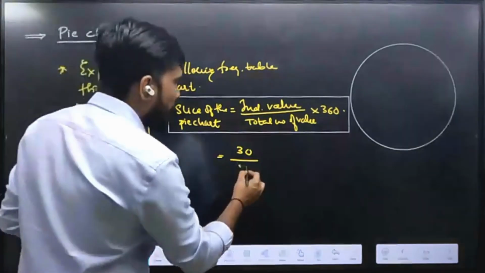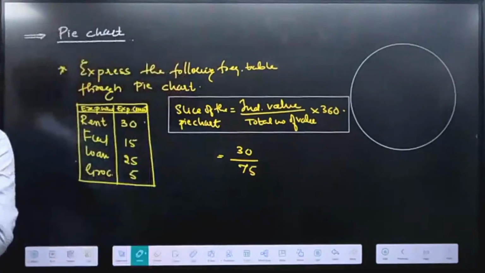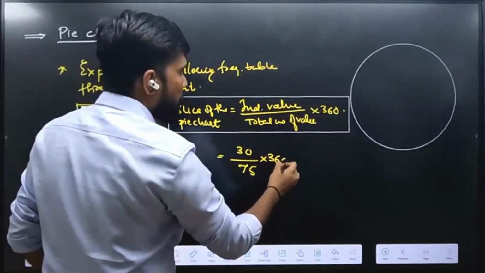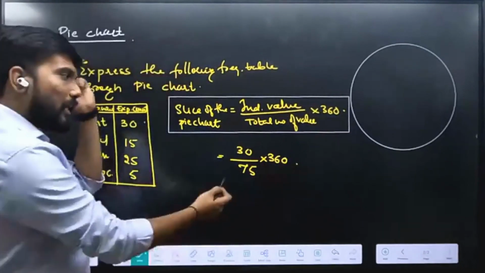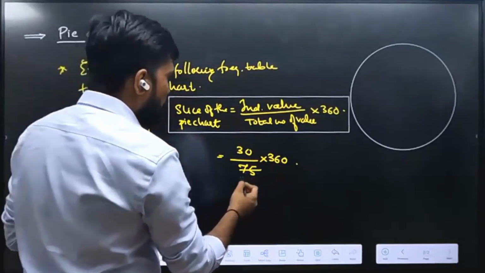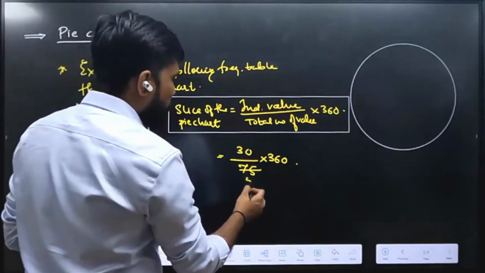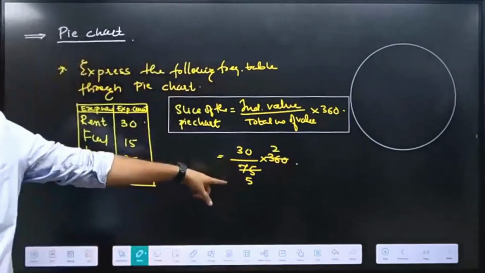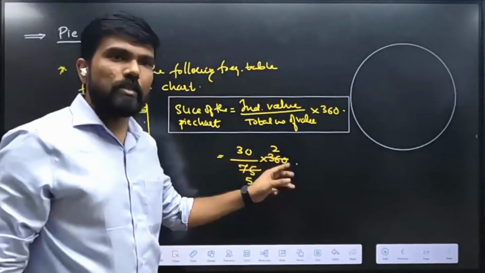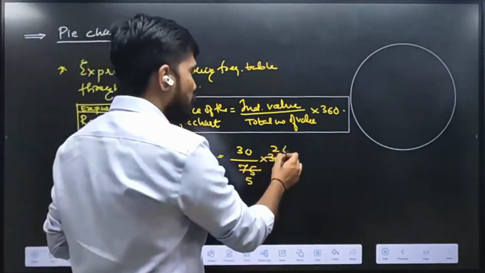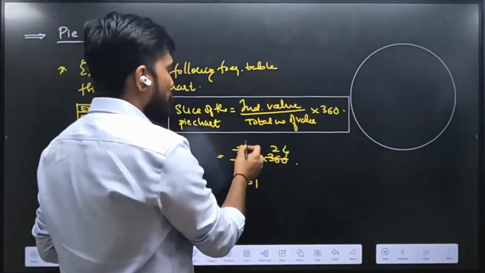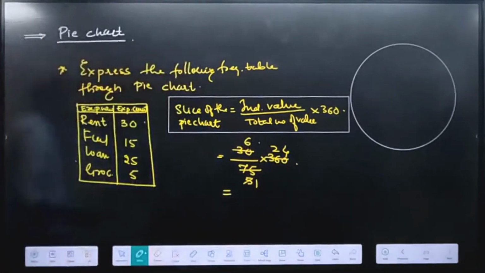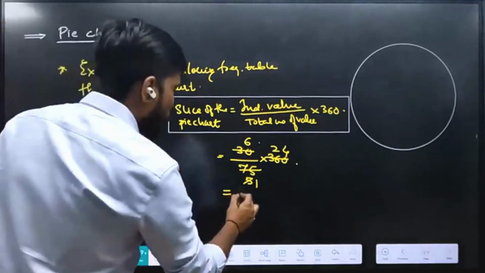Into 360. So do this calculation. 75 goes into 360 about 4 times, 4 fives are 20, and the result comes to 144.